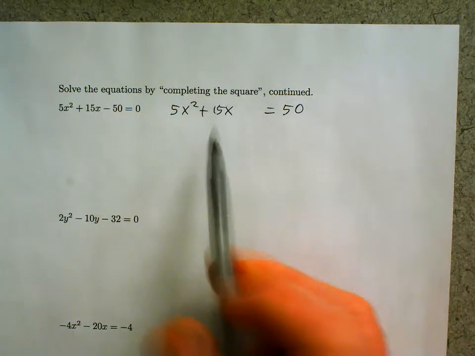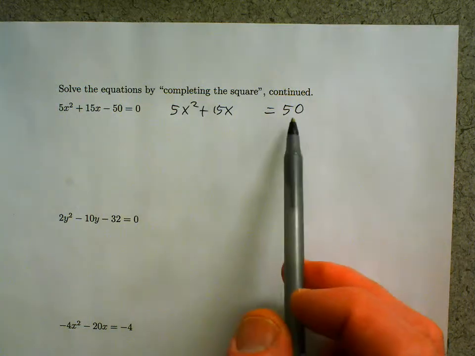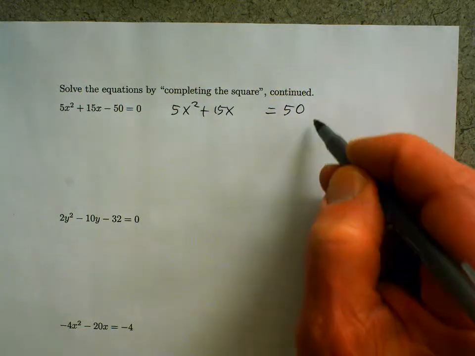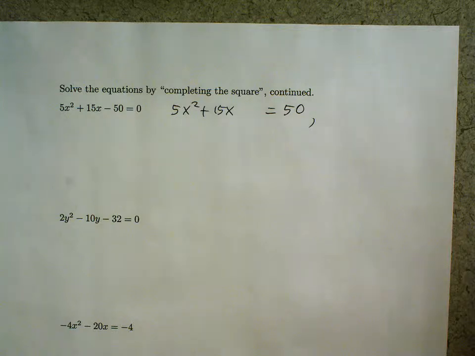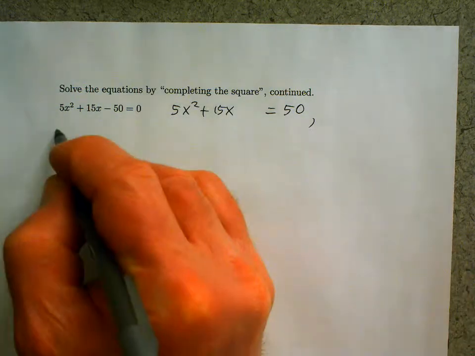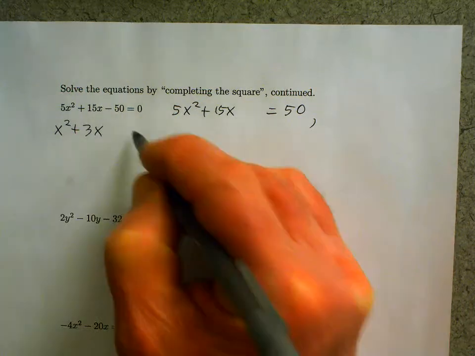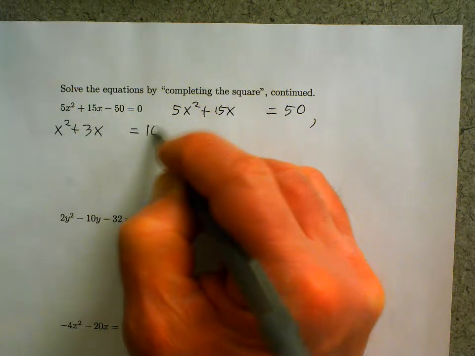Since the coefficient of x squared is 5, we divide every term on both sides by 5. Divide every term on both sides by 5, we get x squared plus 3x equals 10.